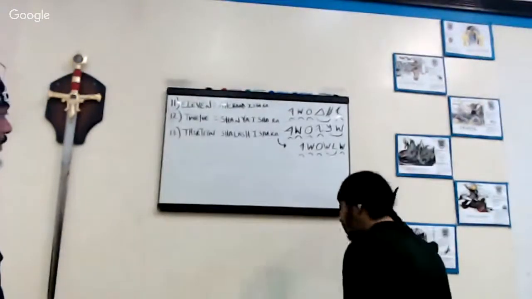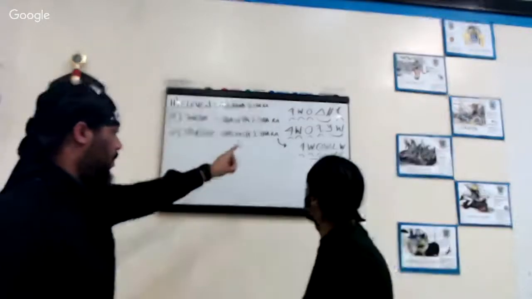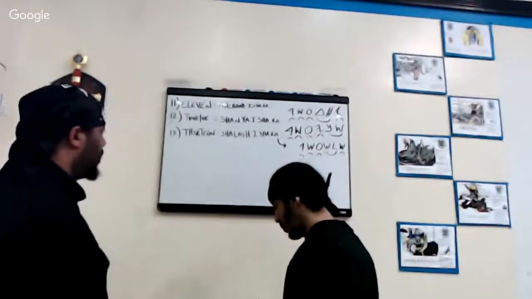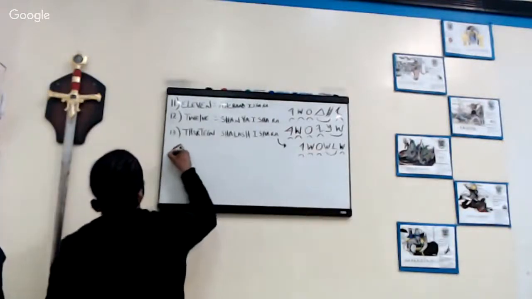Let's give enough space on the board. So start 14 right here. So we won't bump into the Shalash Arabai. 14.